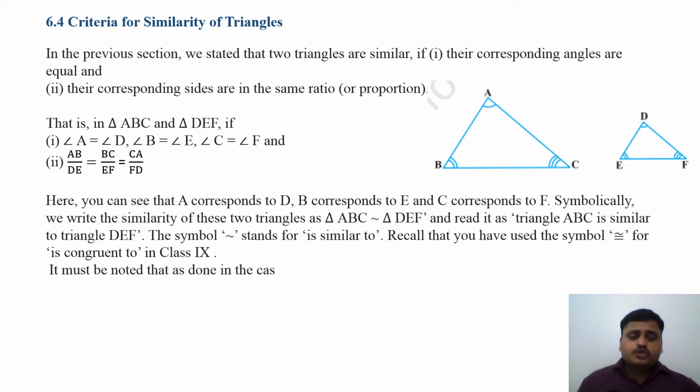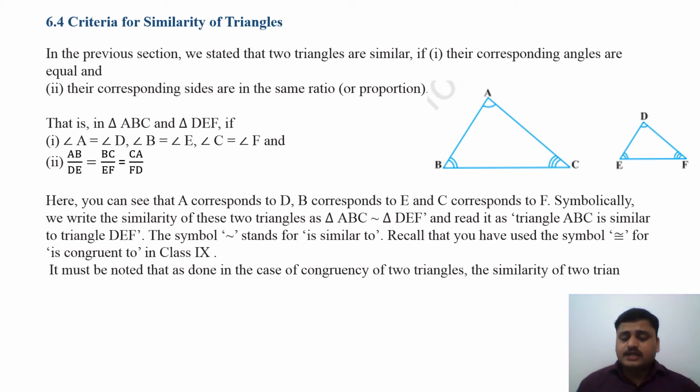It must be noted that as done in case of congruency of two triangles, where we used some criteria, in the same way the similarity of two triangles should also be expressed in symbol form.